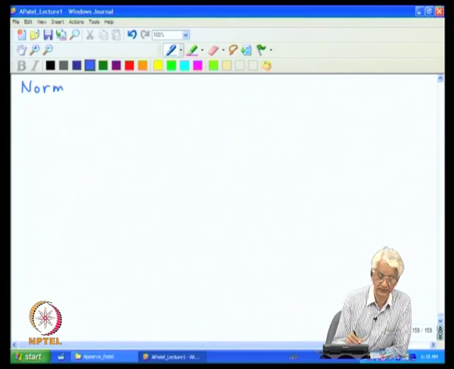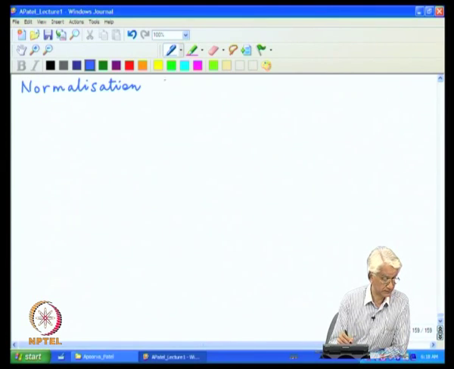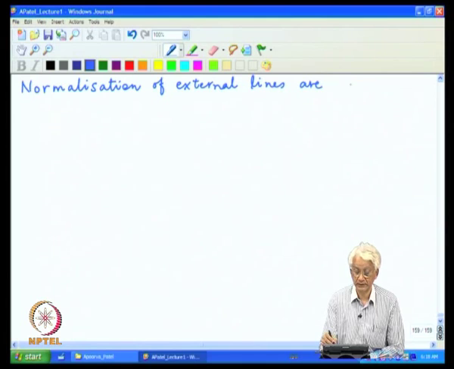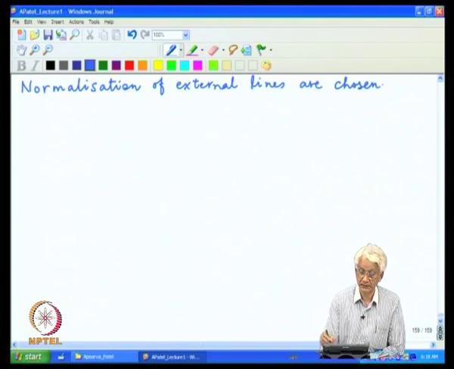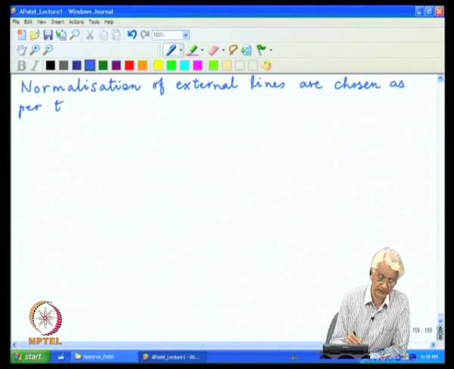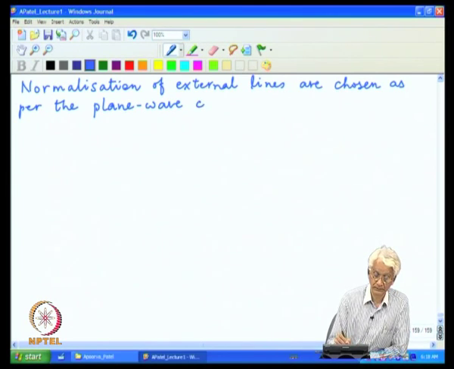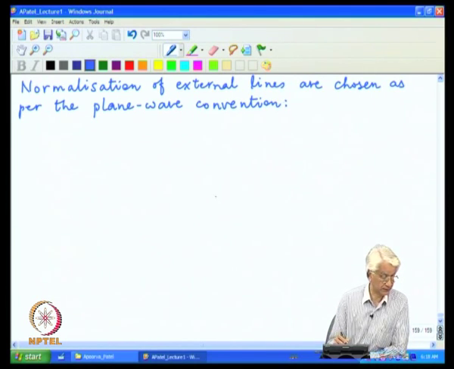So, the normalization of external lines are chosen as per the plane wave convention.